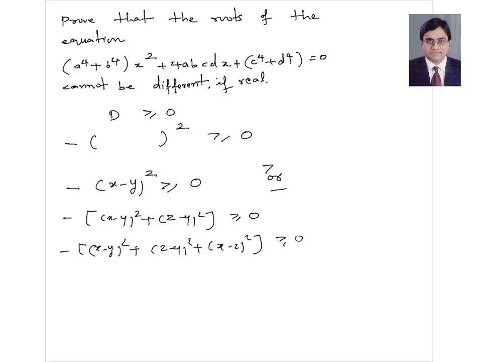Some non-negative type of character should come. There should be some sign between the two. (AC minus BD) whole square, (AD minus BC) whole square. I think there should be a plus in between the two. That means something like this type of situation. One bracket square plus another bracket square type of situation.